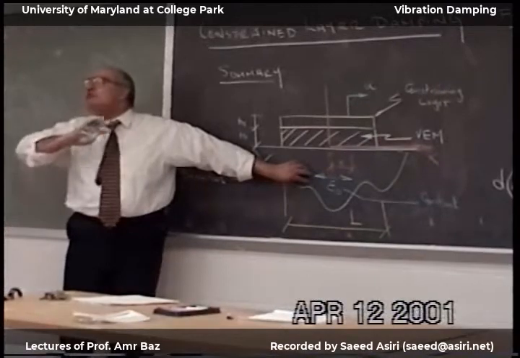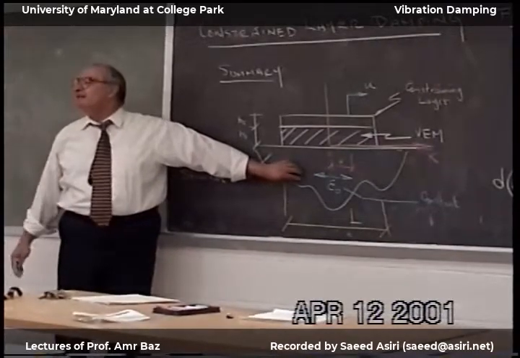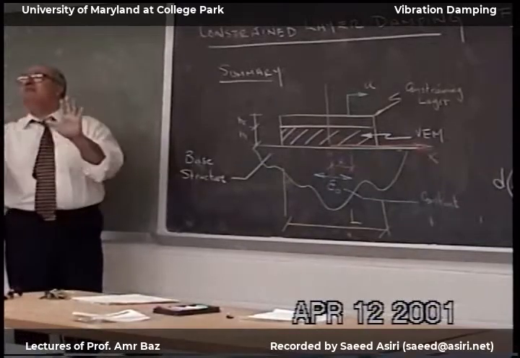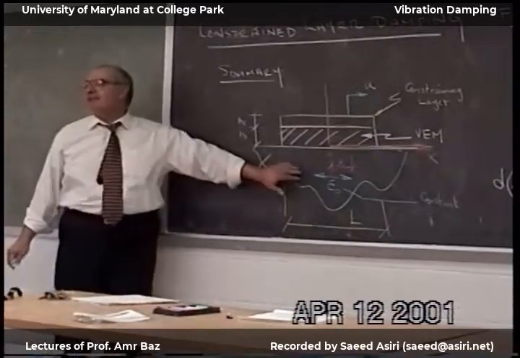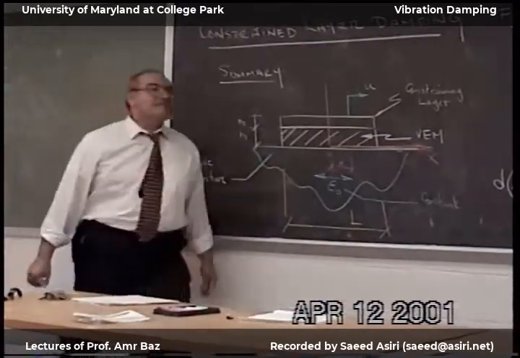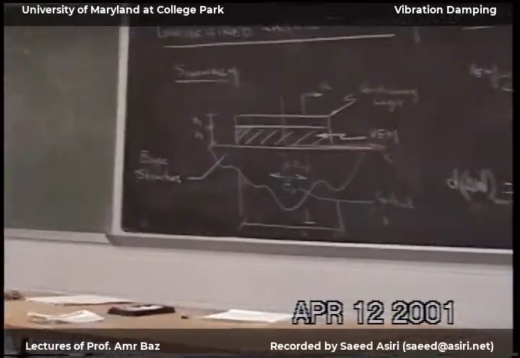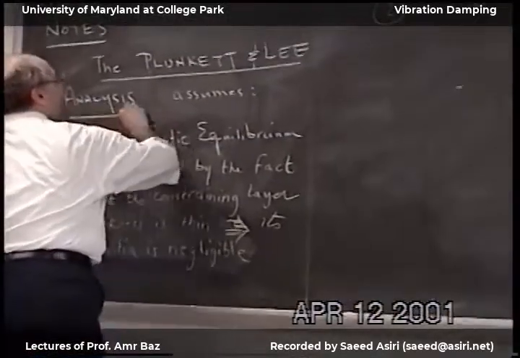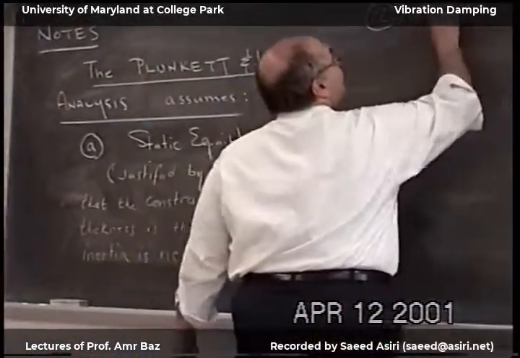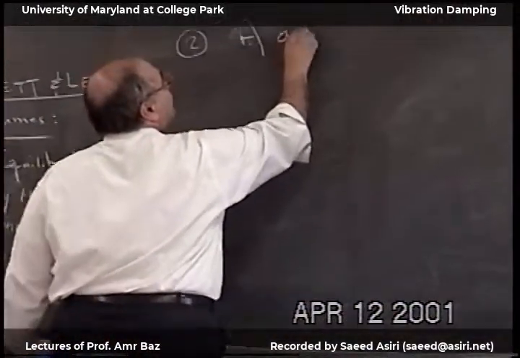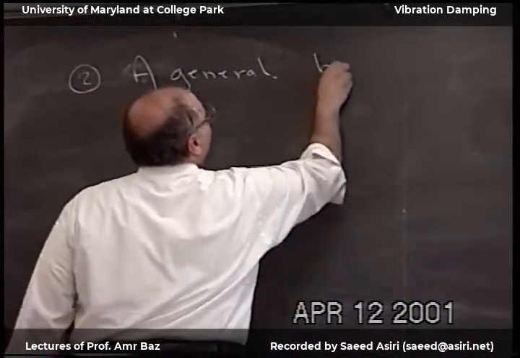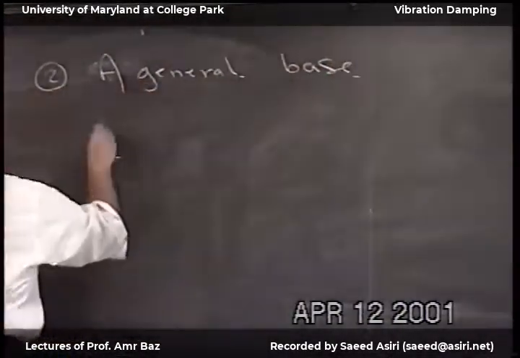We did not mention anything on this structure. Nothing. Steel, aluminum, we did not mention anything on this structure. Okay? So the analysis assumes a general base structure.